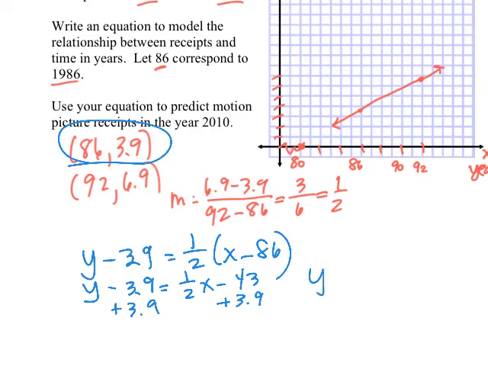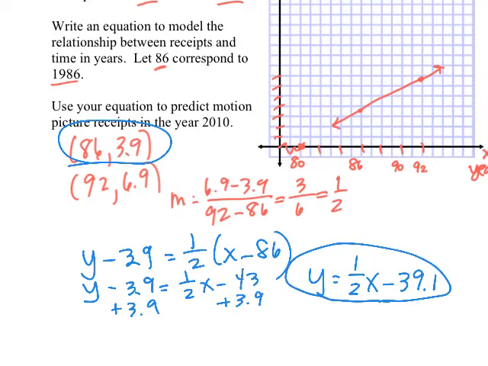We end up with y equals 1/2 x minus 43 plus 3.9, so minus 39.1. There is their equation. And then it says, use your equation to predict motion picture receipts in the year 2010. Well, think about this.